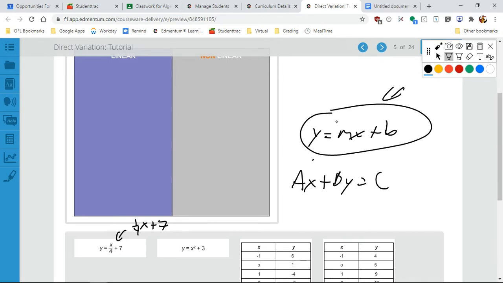This was the cost of chips, and the b was the cost of the Arizonas, because Jasmine said she liked Arizonas. So this is another form of a line. This is the standard form, and the other one is known as the y-intercept form or slope-intercept form.